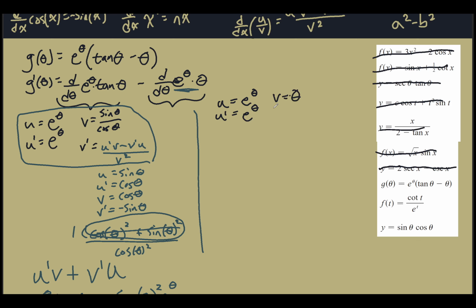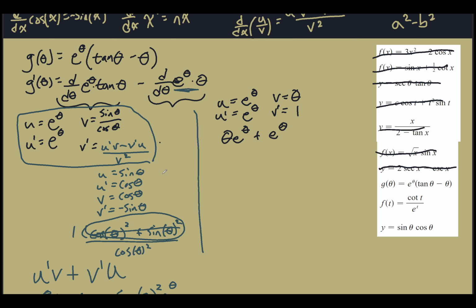What's v prime? 1. Right? I think it's 1. So what's u prime v? That's theta e to the theta plus v prime u, which is 1 e to the theta, like this. So let's bring that down.